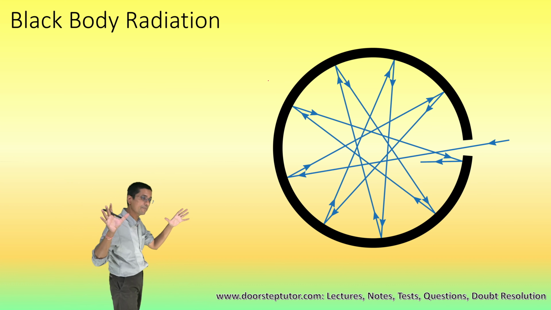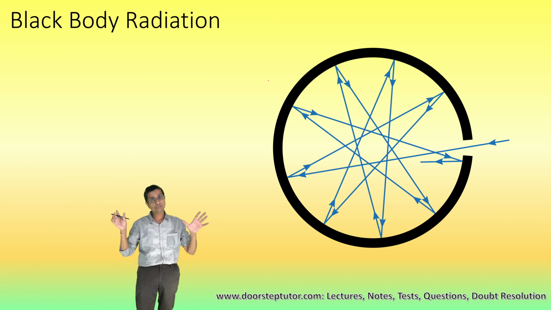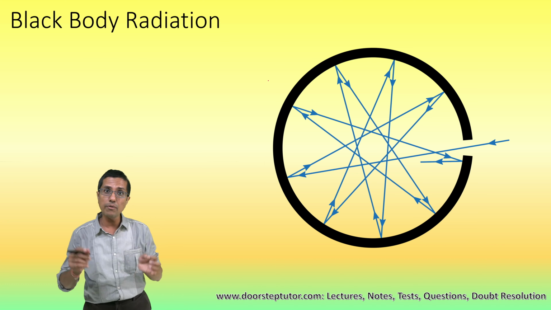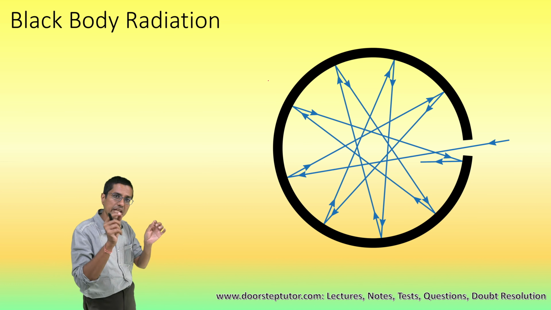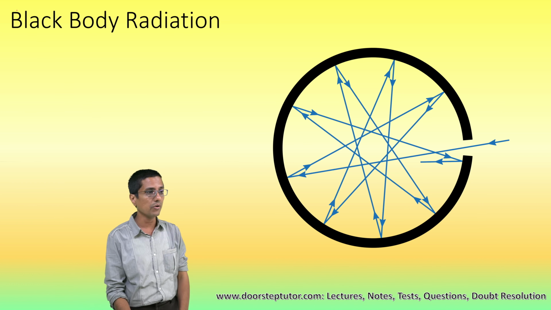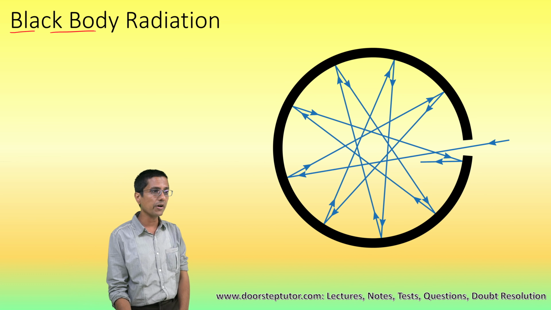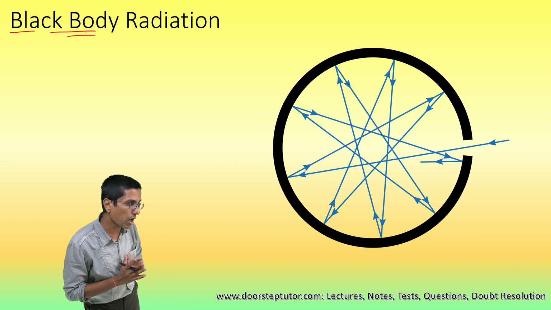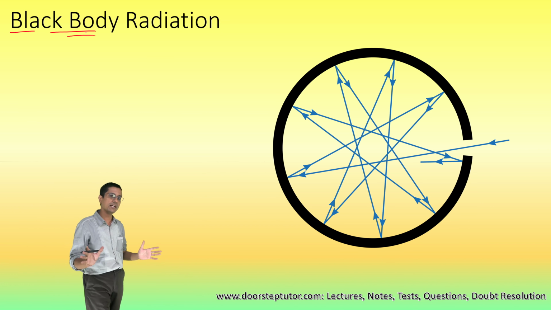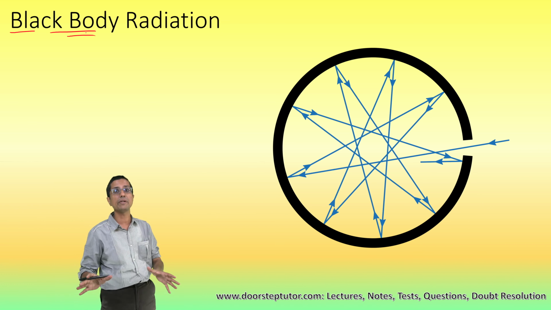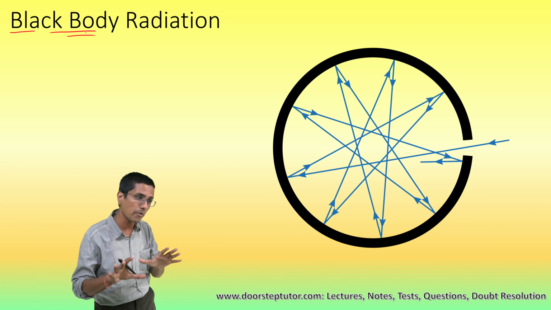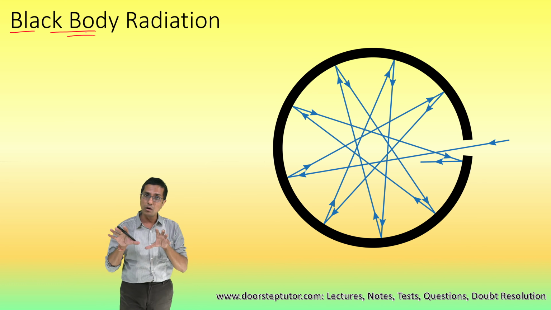It simply absorbs everything thrown at it. Bodies which absorb each and every minuscule amount of radiation thrown on them are known as black bodies. Black bodies do not reflect or transmit any radiation incident on them, but simply absorb everything. Black holes, like I said, are a good example of them.